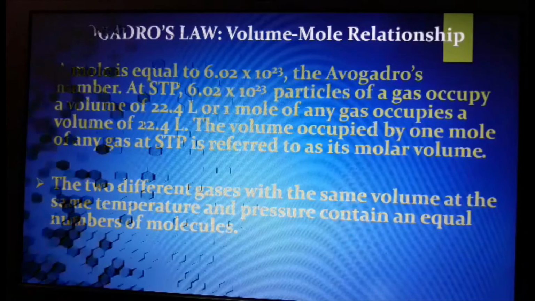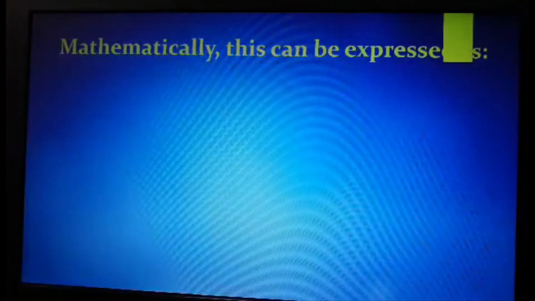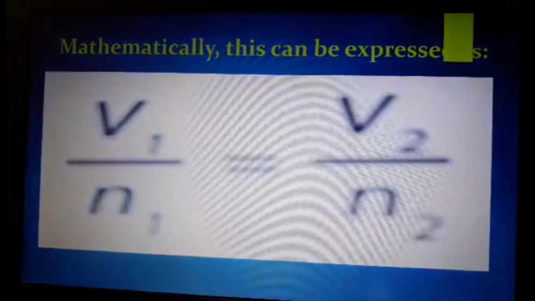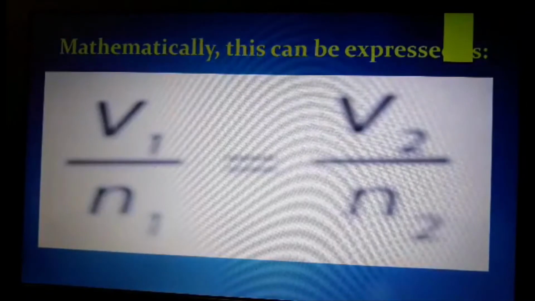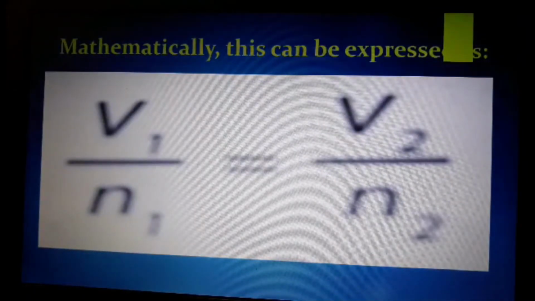Therefore, Avogadro's law can be mathematically expressed as V1 over N1 is equal to V2 over N2, wherein V1 is the initial volume, V2 is the final volume, N1 is the initial number of moles, and N2 is the final number of moles.